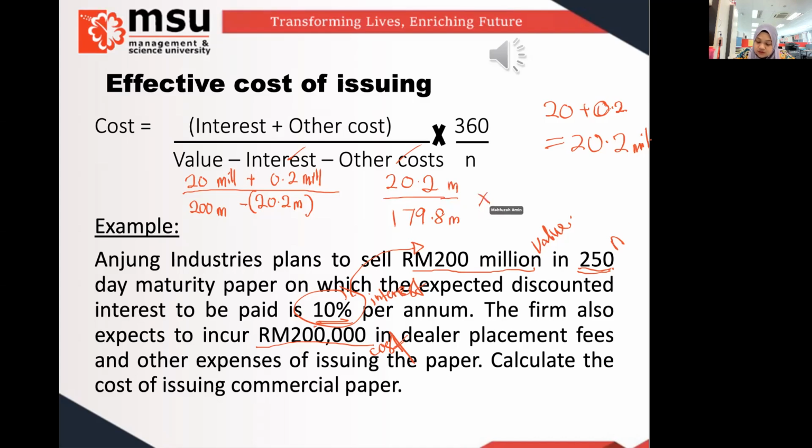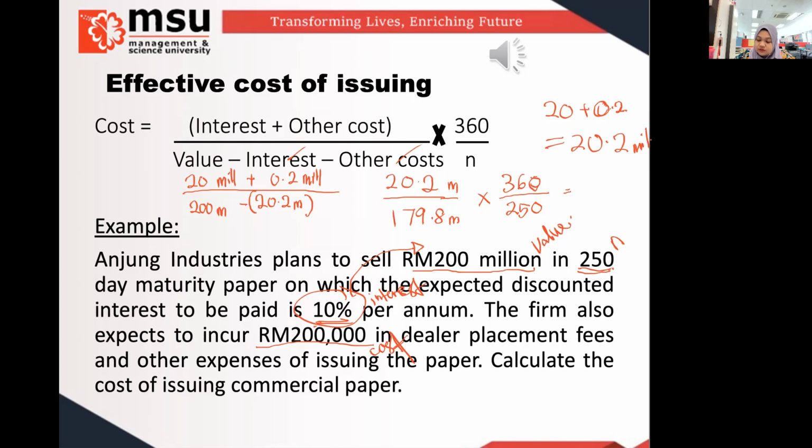Multiply with 360, divided by n, which is 250.